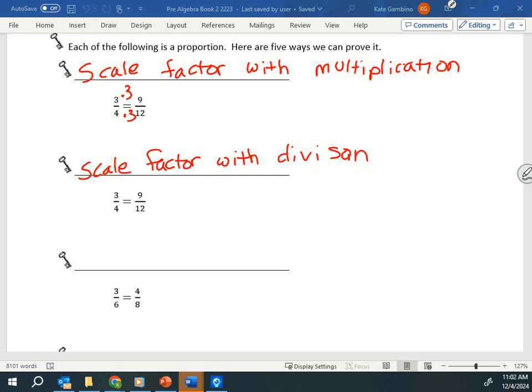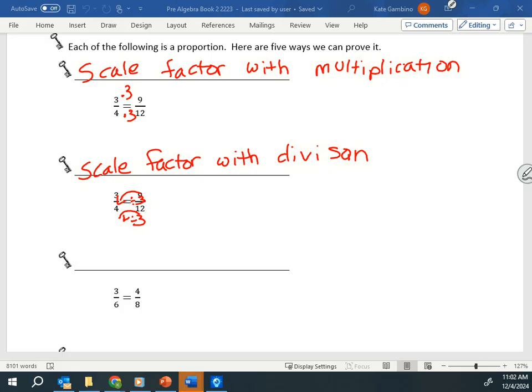Okay. So 3/4 to 9/12. What scale factor am I dividing by? Eleanor? 3. So this time, instead of multiplying up, we're dividing back by 3.